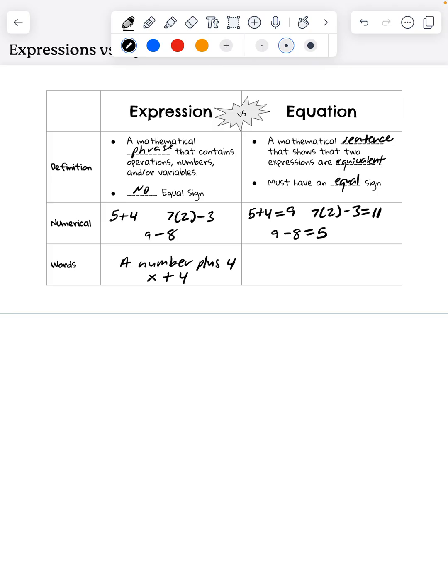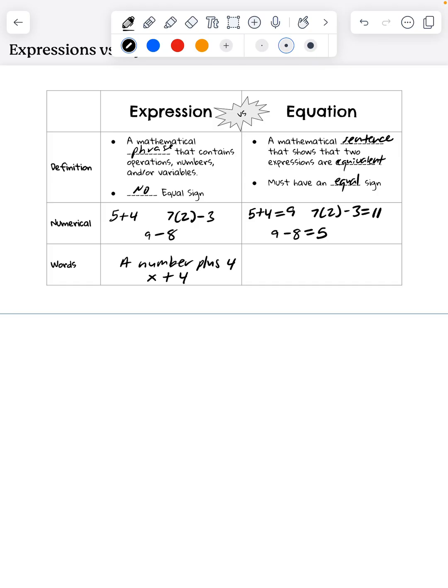Now with that being said, we have a variable in that equation. So there is only one number that I can put as the value of a to make the equation true if I subtract 8, so it would equal 5. On the expression side, when I had a minus 8, you're going to be given a value, and then you put it in there, and that's going to equal whatever number you put in for that variable minus 8.